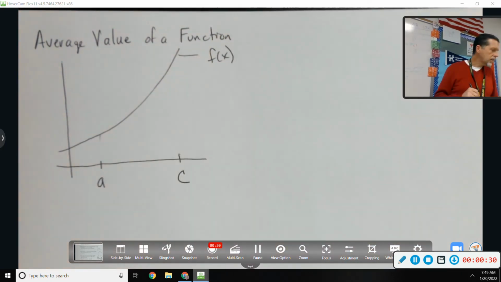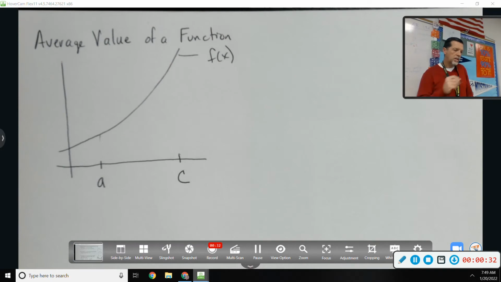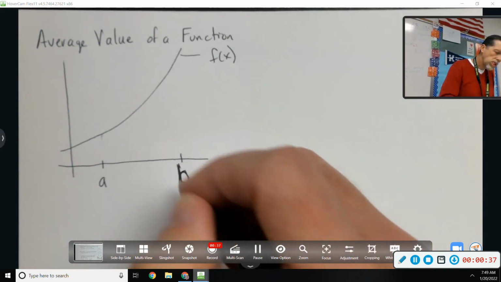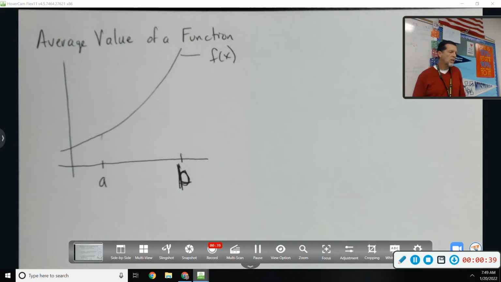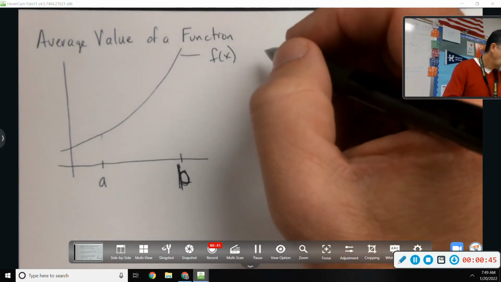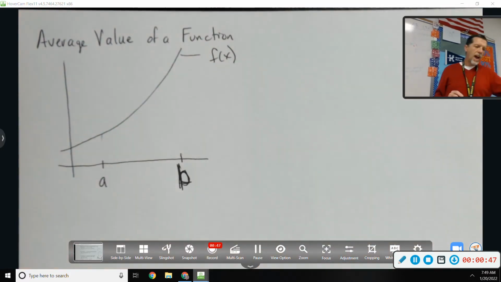Some f of x from a to b. And we want to find the average value between a and b.